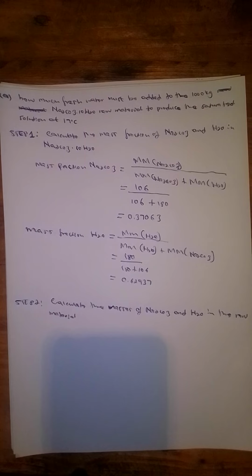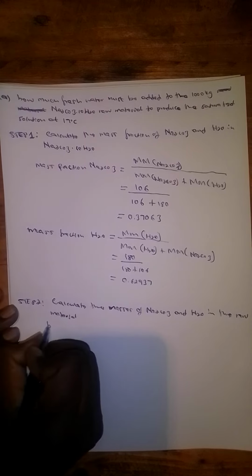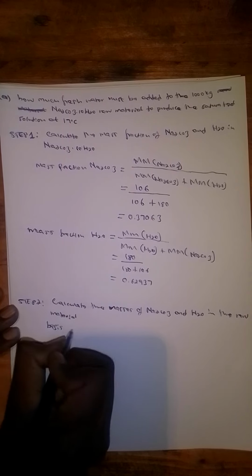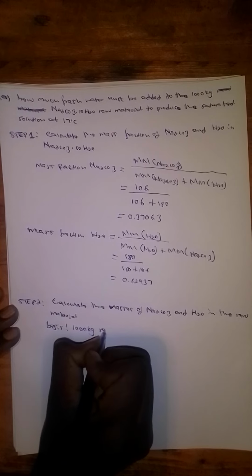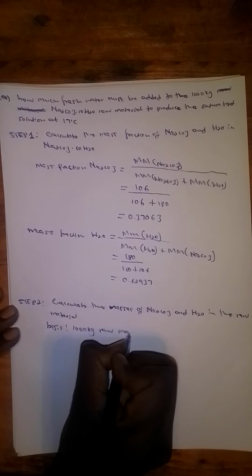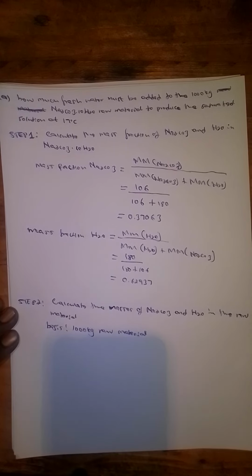That is our step 2. Now in doing that, obviously we need to choose a basis, and we have been given a basis of 1000. So we say basis is 1000 kilograms of raw material, right? It's 1000 kilograms of raw material.